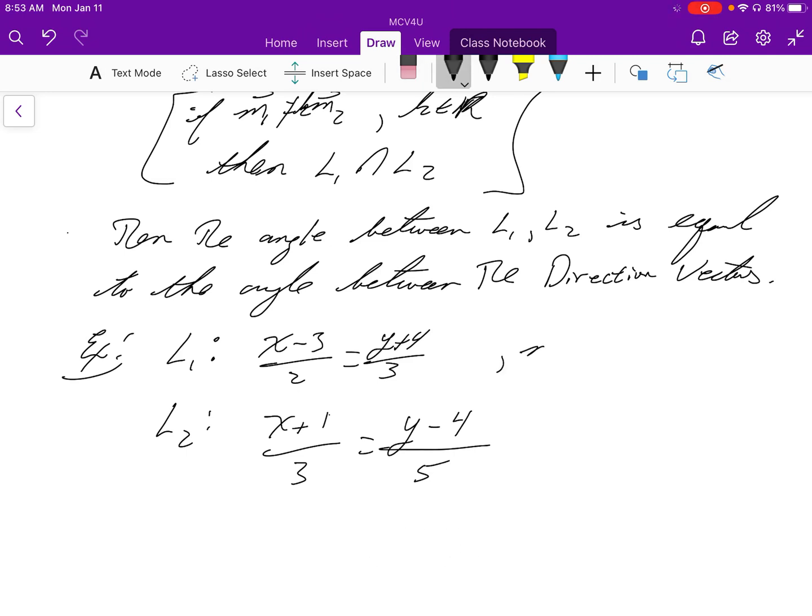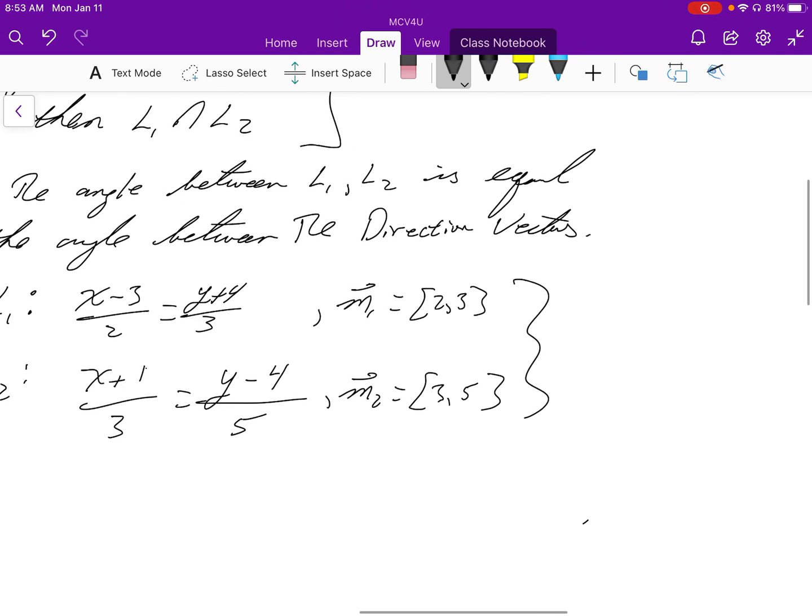What you notice is the direction vector m1 of line 1 is (2, 3), and the direction vector m2 is (3, 5). They are not scalar multiples, which means they intersect.